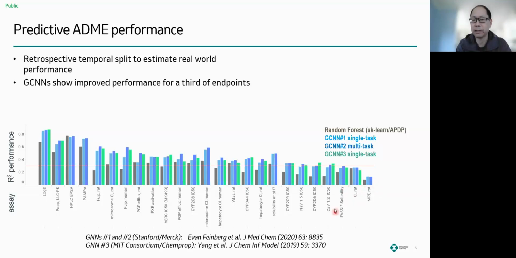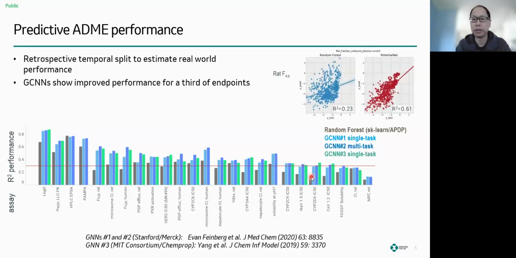And then for this FASSIF solubility, we actually had a paper about the inherent noise in the experimental data. So you can see for plasma protein binding, this is rat plasma protein binding, going from a random forest approach to a graph network approach, definitely a clear improvement in the scatter plot.